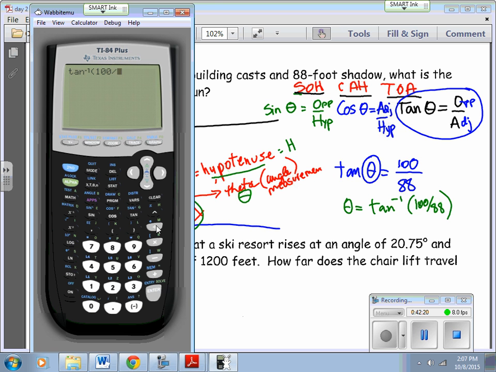Hit the division button. 88, and I would just close the parentheses since the parentheses popped up, and then hit enter. And are you guys getting this number, 48.65? Okay. This tells me then theta, which represents the angle that the question is asking me about, is equal to 48.65 degrees. That's an angle measurement, okay?